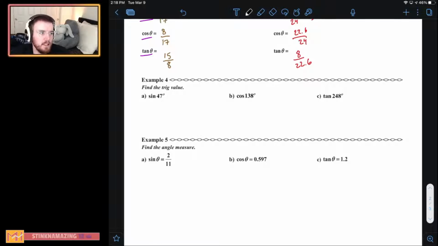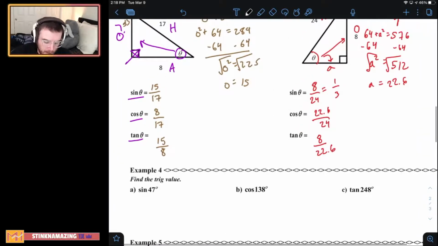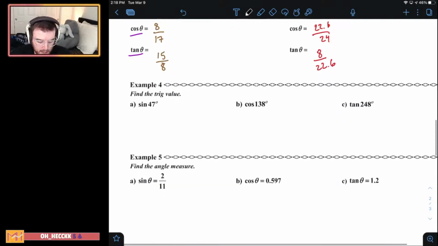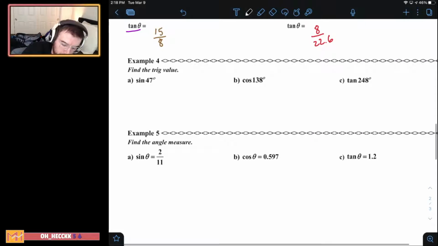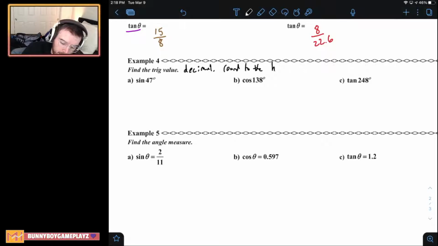That's what it's finding for you when you plug it into the calculator. So we've written our answers as fractions, but the answer can also be a decimal, and let's round to the hundredths place, 2 numbers past the decimal.